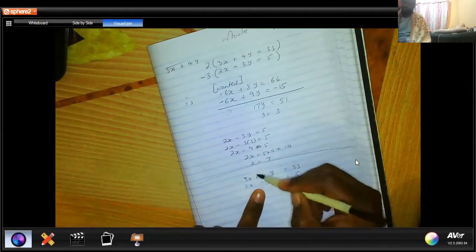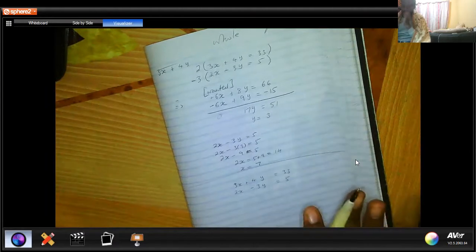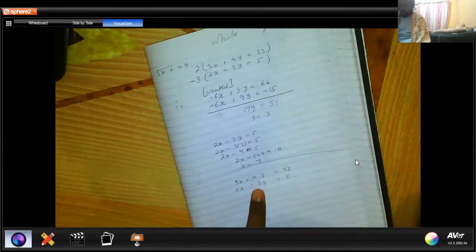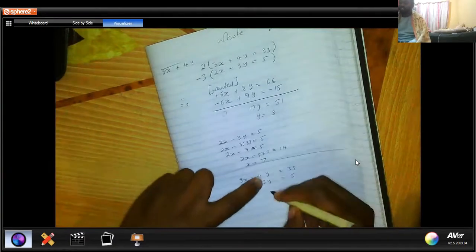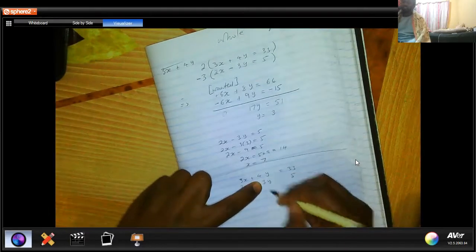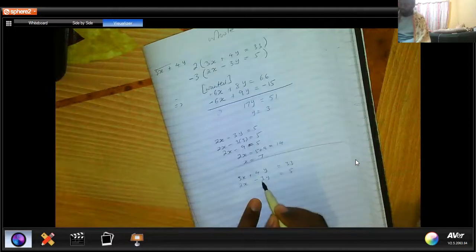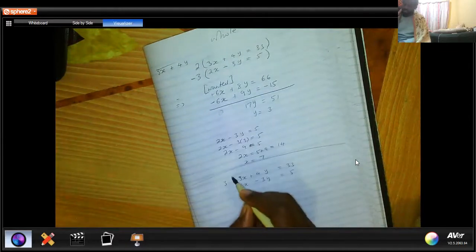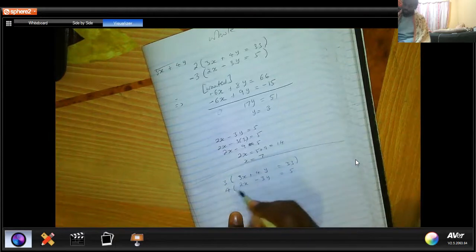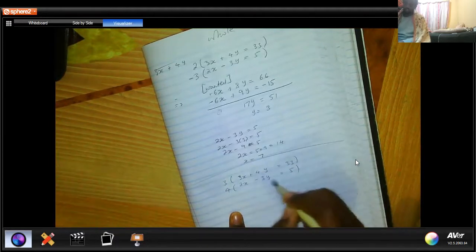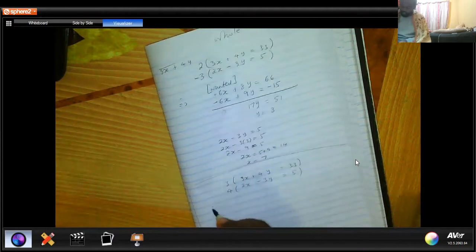Here they're already opposite, so there's no need to work with the signs. But since we want to eliminate y, let's make sure that they have the same value. How do we do that? We take what is at the bottom, we multiply with it at the top. We take what is at the top, we multiply with it at the bottom. The signs are already opposite, so we don't need to worry about the signs.